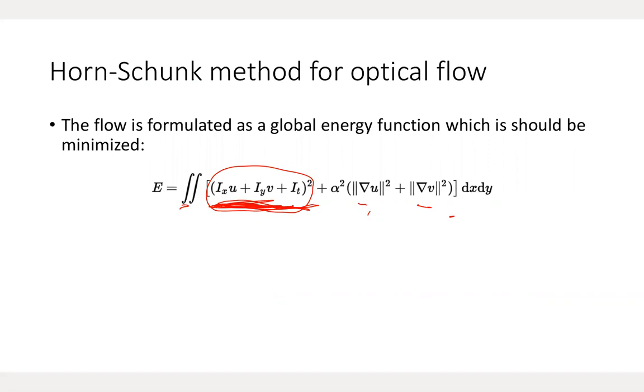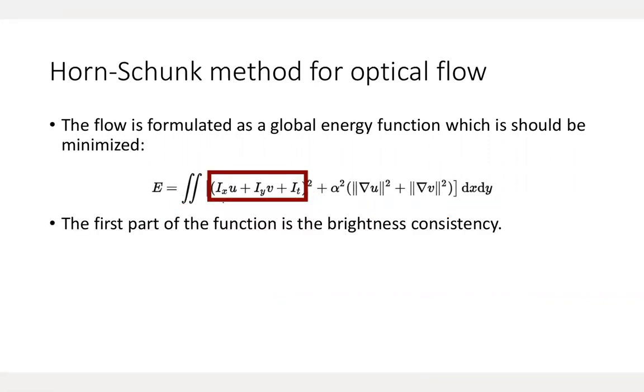So this is the Horn-Schunck formulation for optical flow. What we want is to minimize this E with respect to U and V here.